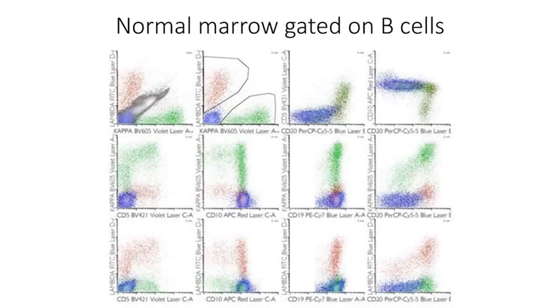Now showing the same data, but gated on B cells, and with the exception of this top left dot plot where we are showing all viable cells, and you can see kappa versus lambda. Everything else is gated on B cells. So we have our light chain negative immature B cells, polytypic expression. We can track the development of the B cells acquiring CD20 and then becoming transitional B cells with CD5, ultimately losing their CD5.